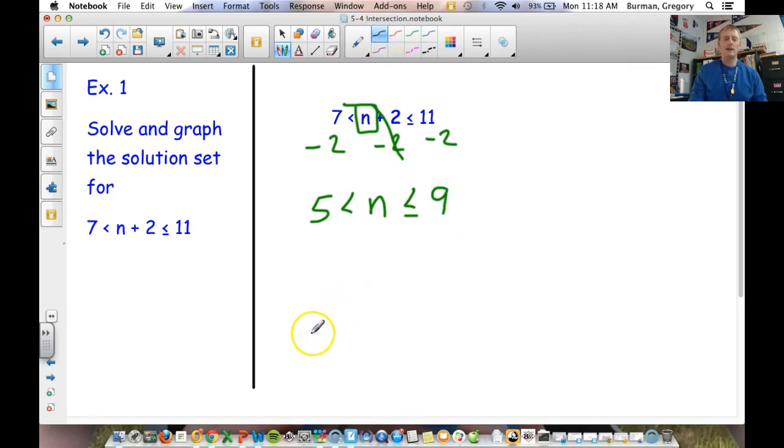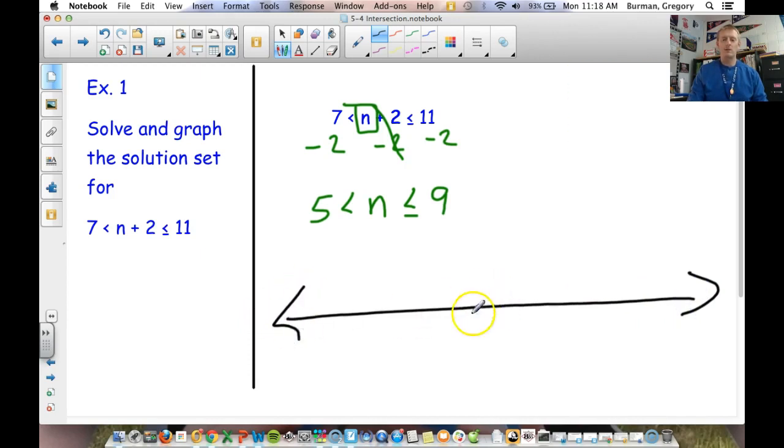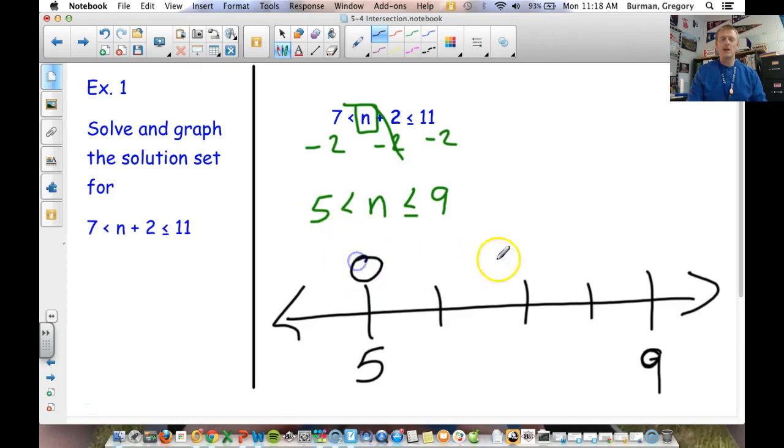So if I am going to graph this, now I could put a bunch of other numbers in here, but to keep things simple, here's a 5, here's a 9. So we'd have a 6, a 7, and an 8 in between. But I'm going to have an open circle at 5, and I'm going to have a closed circle at 9.